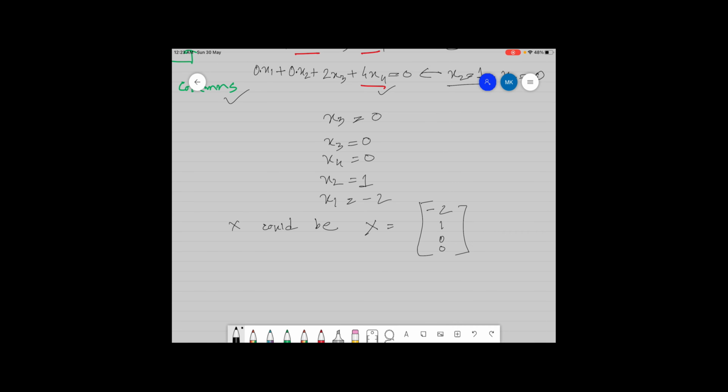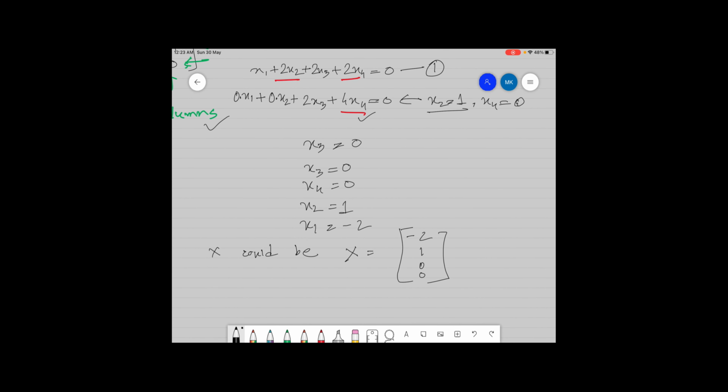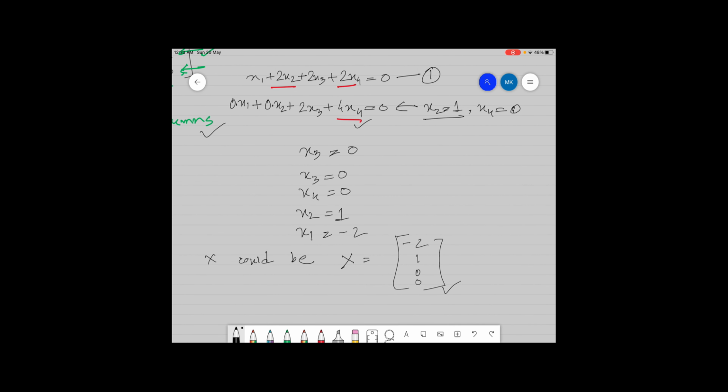But as you saw from the previous example, any multiple of this solution is a solution itself also. So you can multiply with any scaling factor c, and this would be one solution from the null space as well.